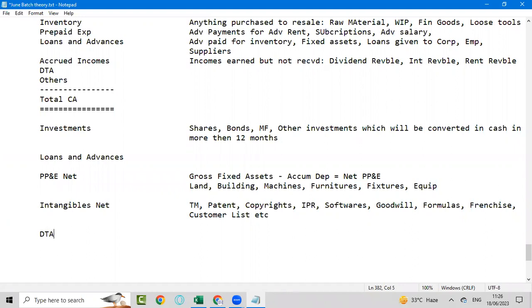Then deferred tax asset, if there is any, and then equity investments in associates. Like in income statement, we had equity income from associate. In the balance sheet, we have equity investments in associate. Others. Now what do we get? Total assets.